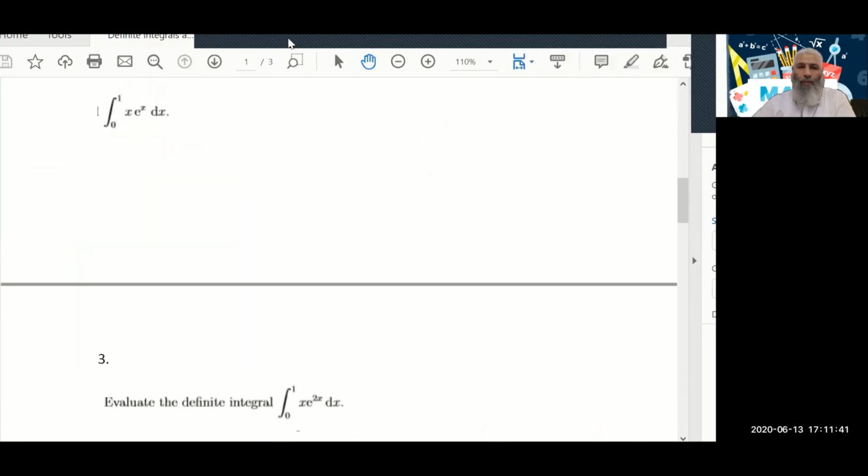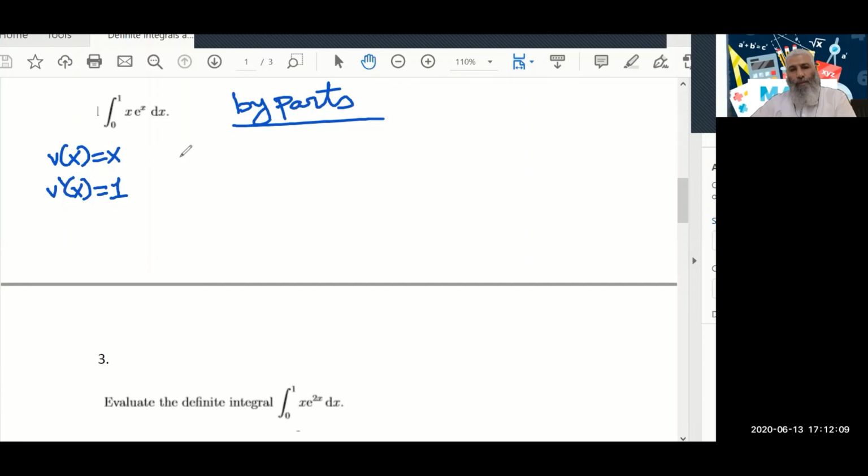Now, the integration of x e power x. How do we do it? I think by substitution too. No, by parts. By parts, we take v of x equals x, and v dash x is 1, and u dash x is e power x, so u x is e power x.